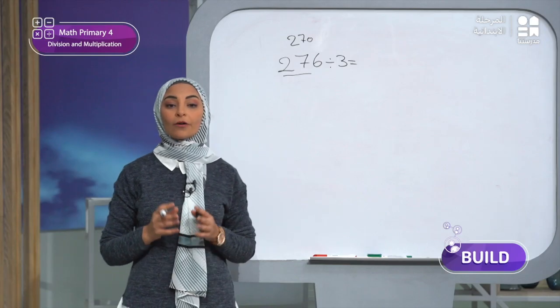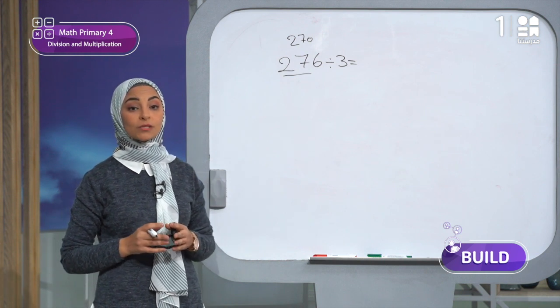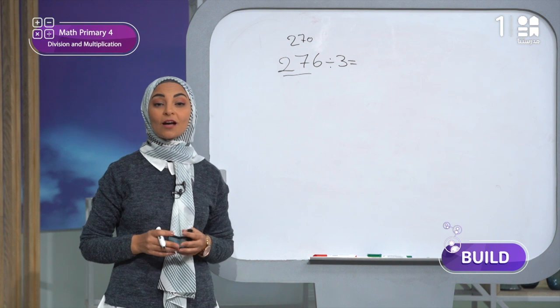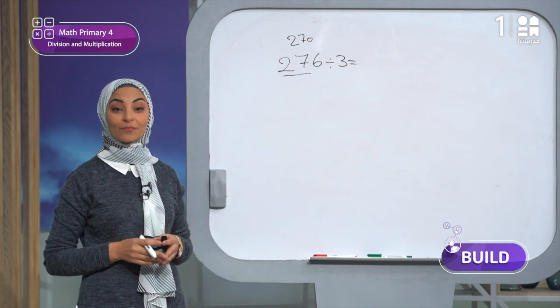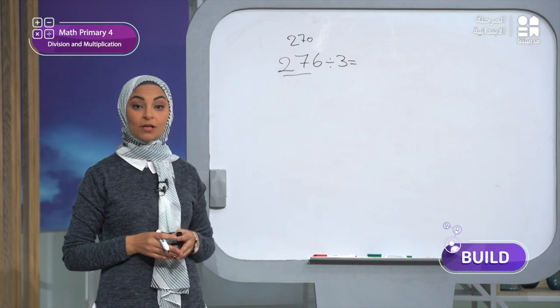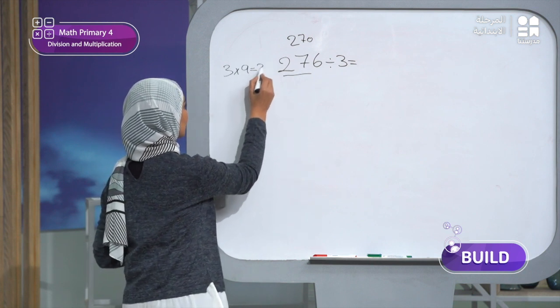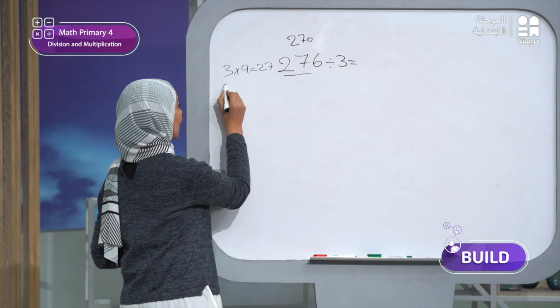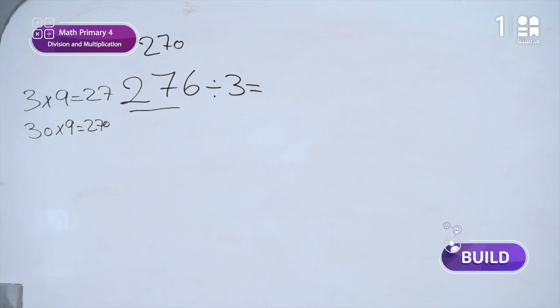Okay. To arrive at this answer, let's think of one of the patterns we use with 0. How many times can we repeat 3 to get 27? 3 times what equals 27? Right, of course, 3 times 9 gives me 27. So let's write it. 3 times 9 gives me 27, right? Okay, 30 times 9 gives me what? 270, right?